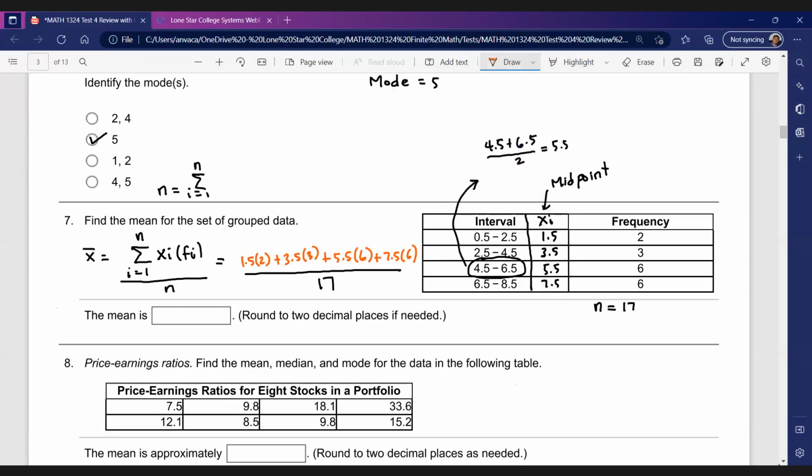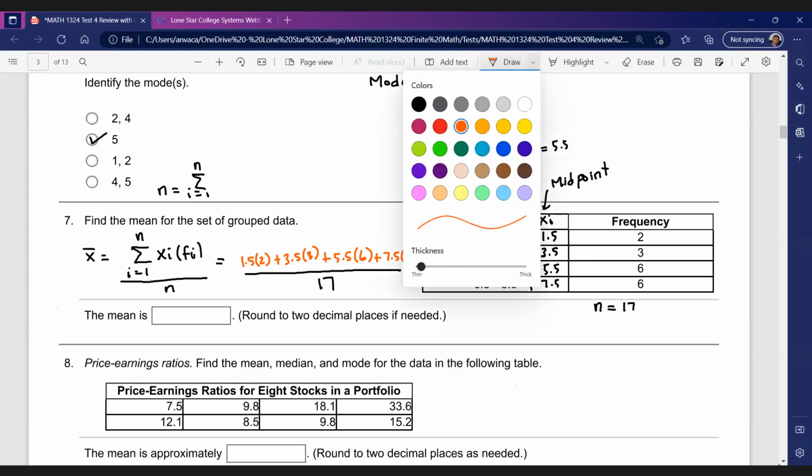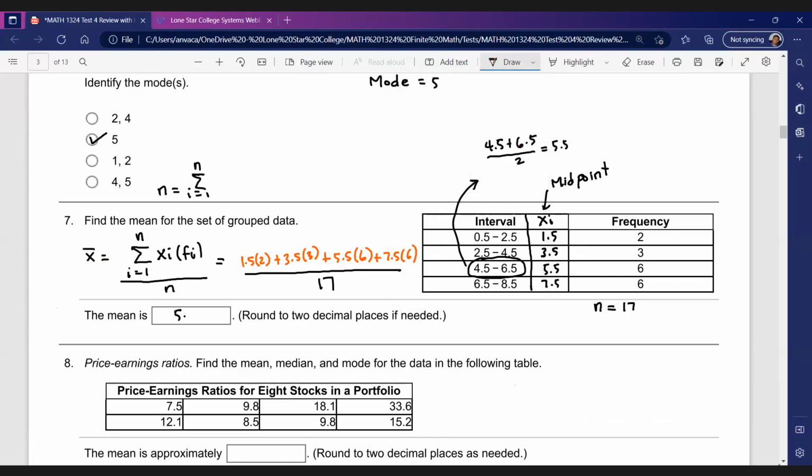Go ahead and use your calculator to find this sum and then divide it by 17. And what I get after using the calculator is, to 2 decimal places, 5.38.